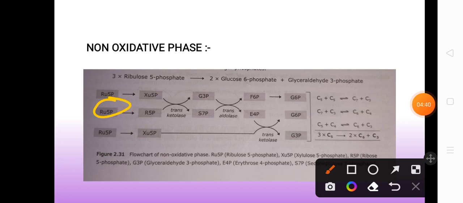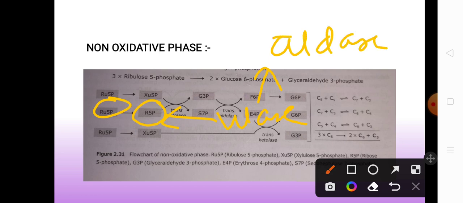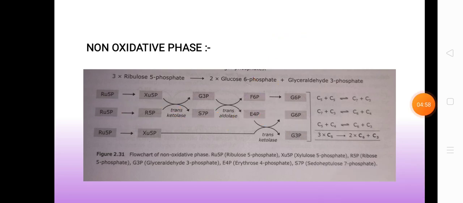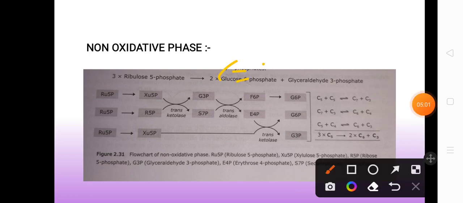In the second reaction, ribulose 5-phosphate will be converted into ribose 5-phosphate. There is no "ulose" in ribose 5-phosphate, which means it is not a ketose; it is an aldose. So the ketone group is transferring into an aldehyde, which means there is an isomeric change.